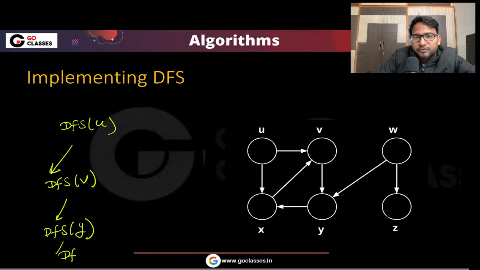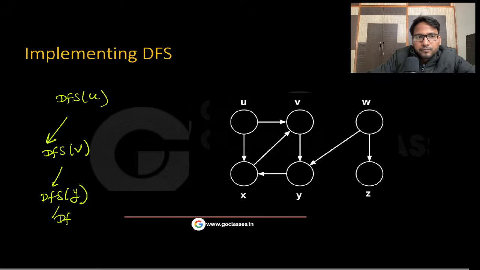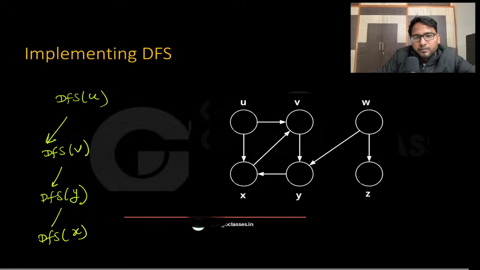I hope that is visible. So that's how the calls are happening. Are the calls clear to everyone? This is DFS of X. Now what will happen?